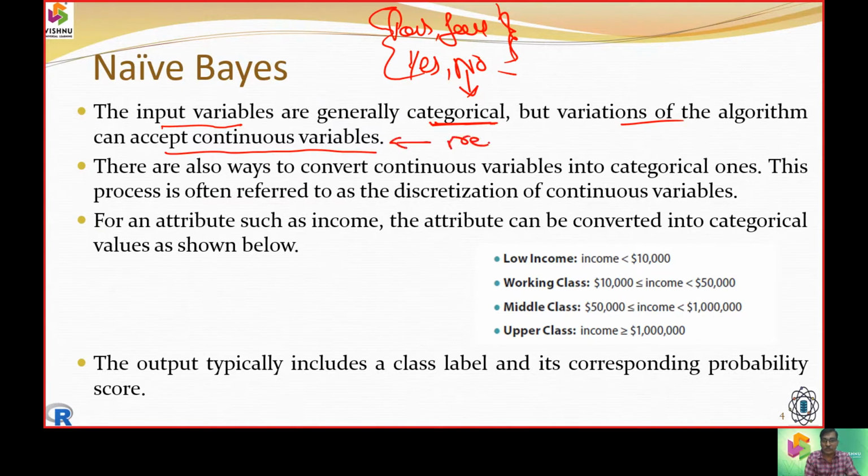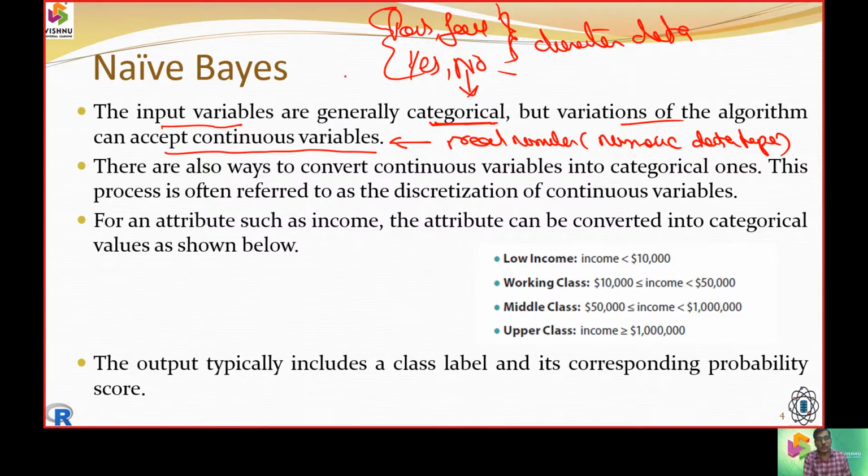When I call them continuous variables, we mean real numbers or numeric data. So the input of naive Bayes is mostly categorical, and the later variants now support numeric values also.